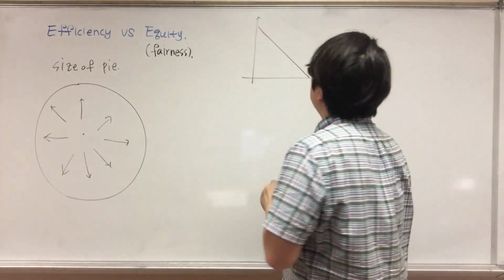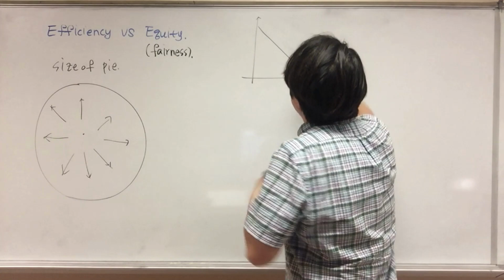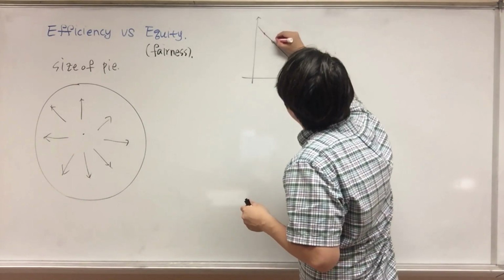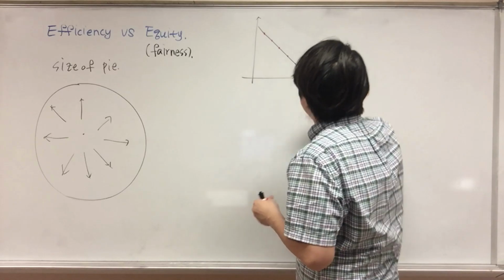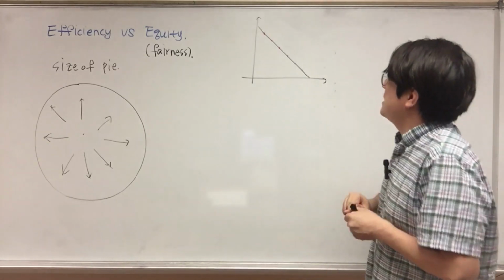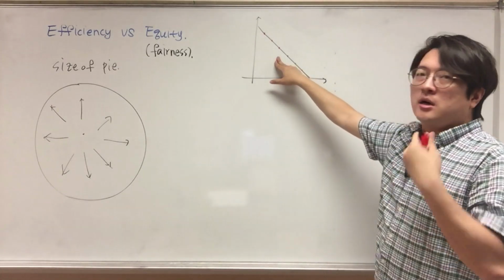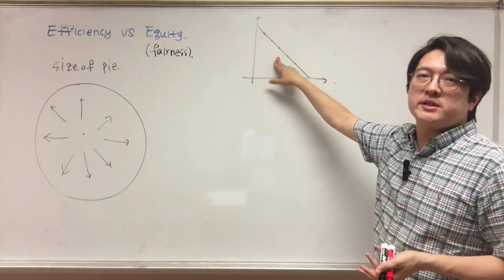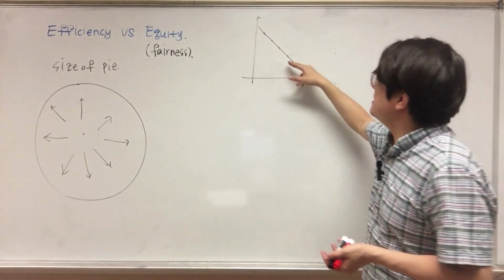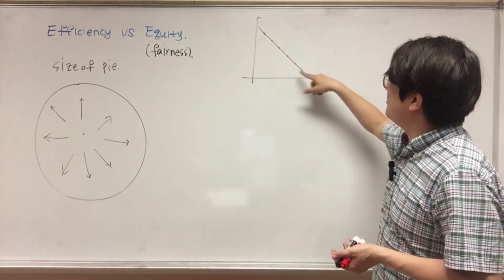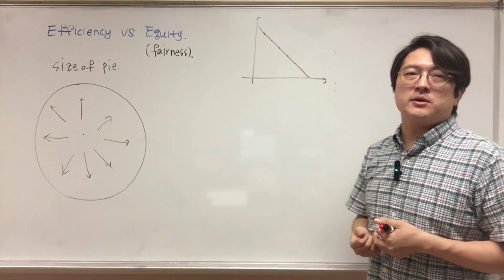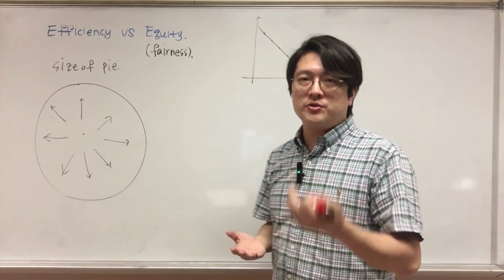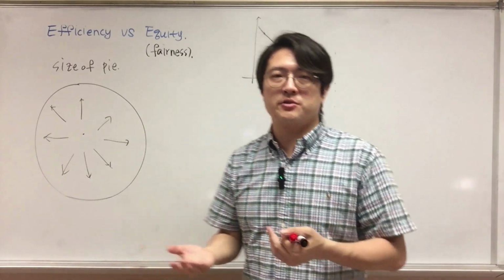In this case, if we think about a point on the PPF curve, you can use the full resources you have. This one is efficiency. So efficiency is just using all the resources you have.